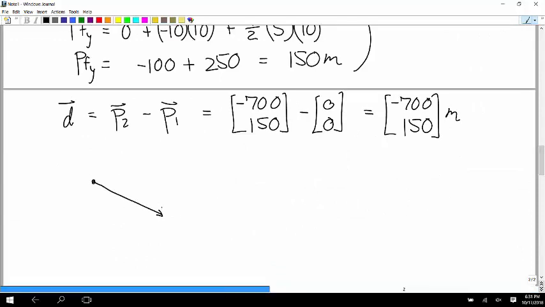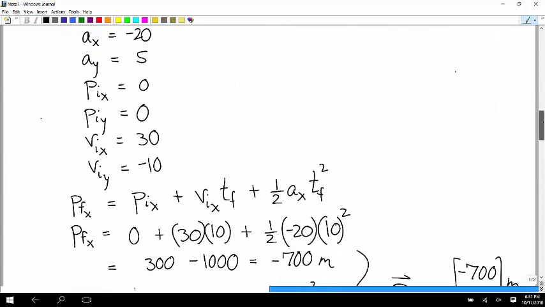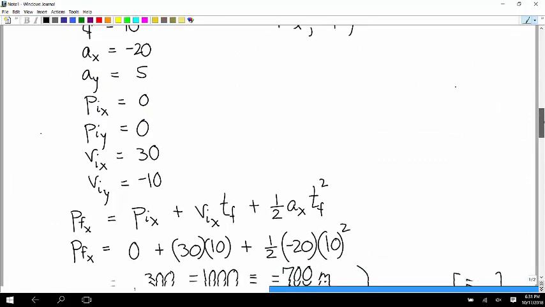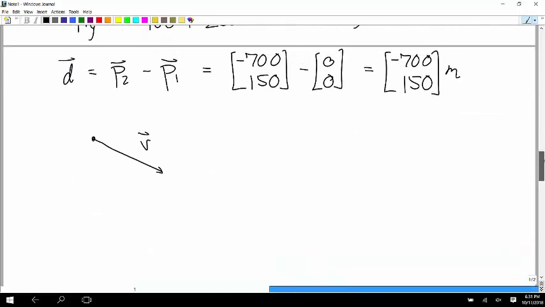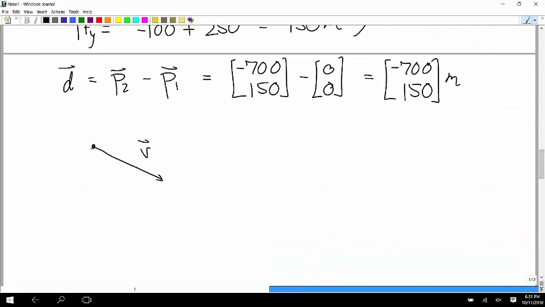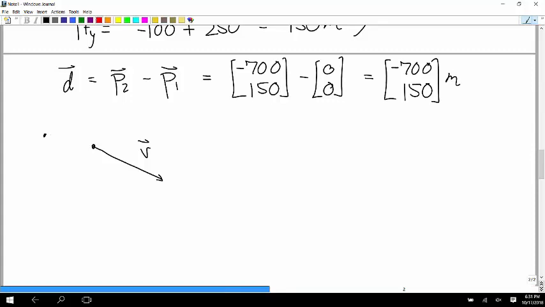The acceleration vector is -20, +5, something like this.